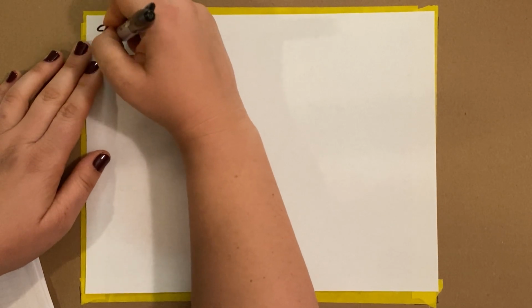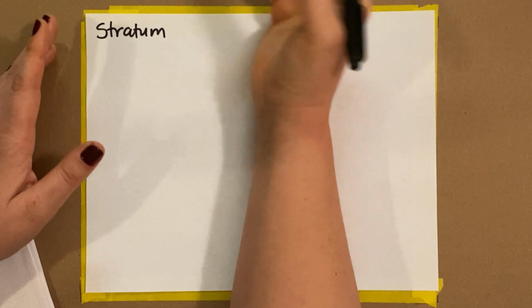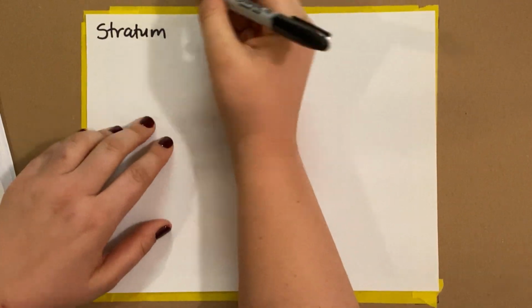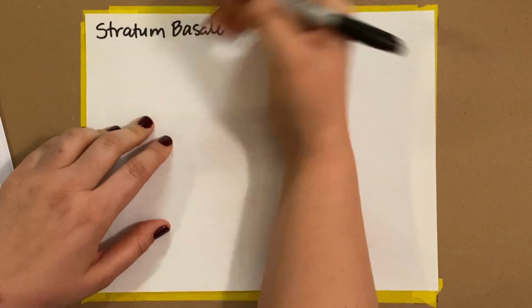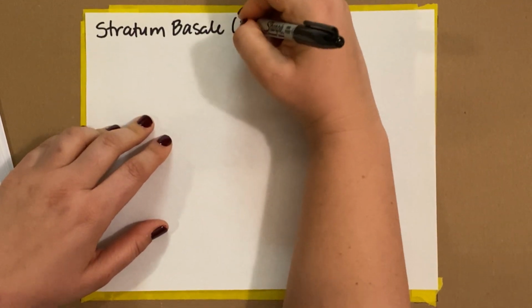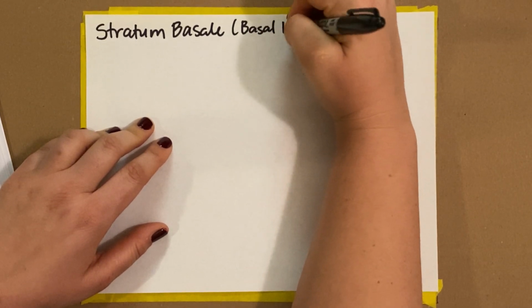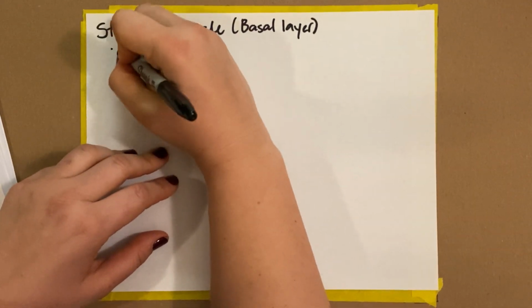So this is going to be the stratum. And the word stratum or strata kind of means sheet. So these are layers. Okay, so this is going to be the stratum basale, or you can just say basal. This is the basal layer. All right, so this is the deepest layer.